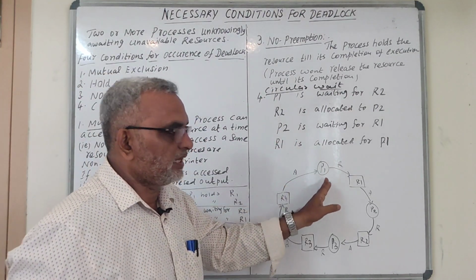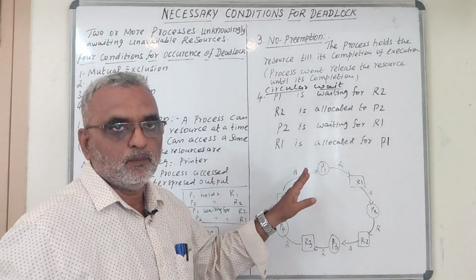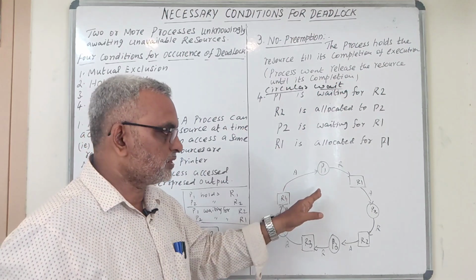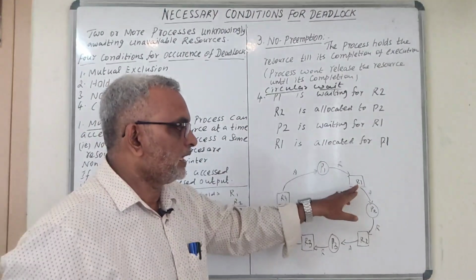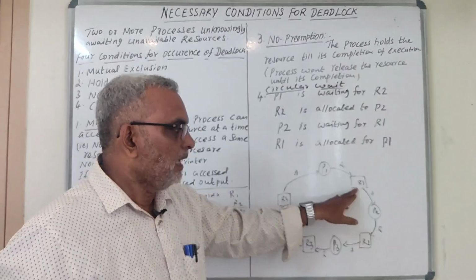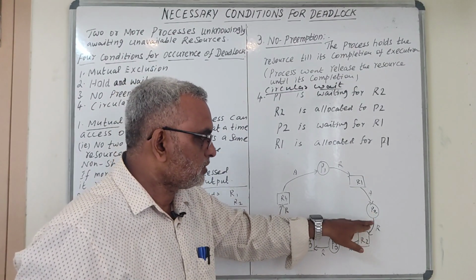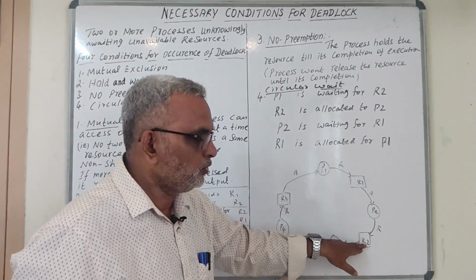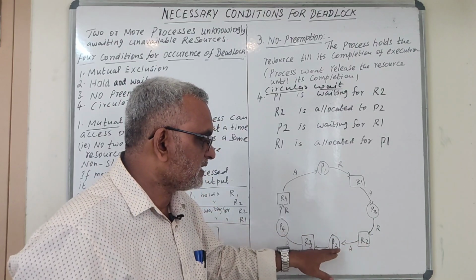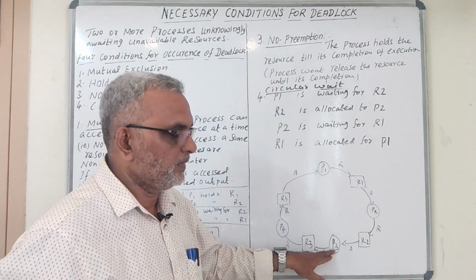For example, let us consider we have 4 processes and 4 resources. Process 1 requests resource 1, but resource 1 is allocated to process 2. Process 2 requests resource 2, but resource 2 is allocated to process 3.